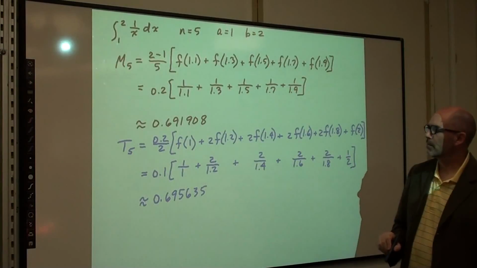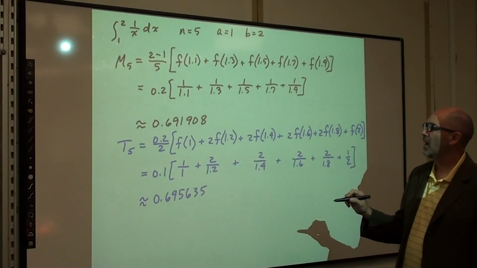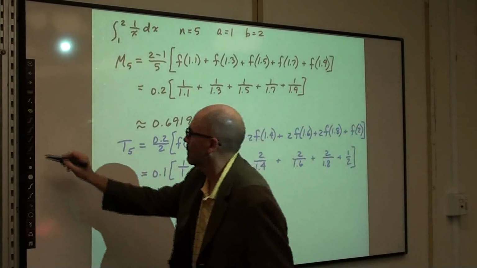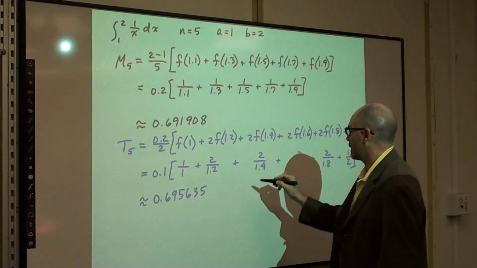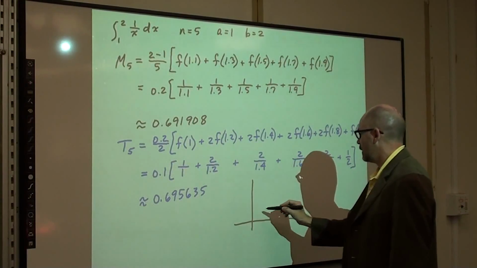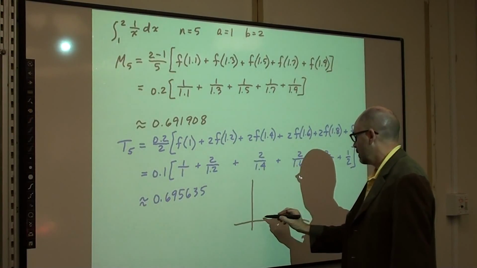Now, the other thing just to think about is the function is 1 over x. We're going from 1 to 2.